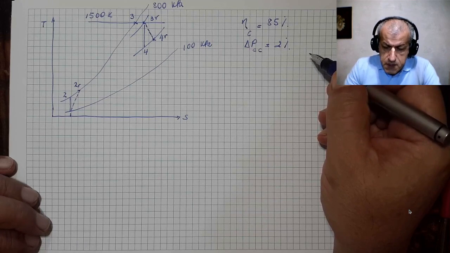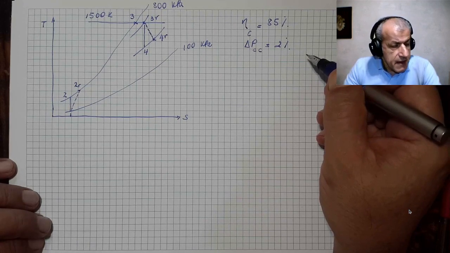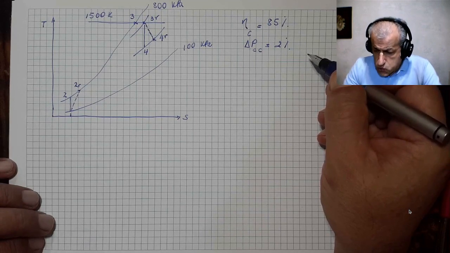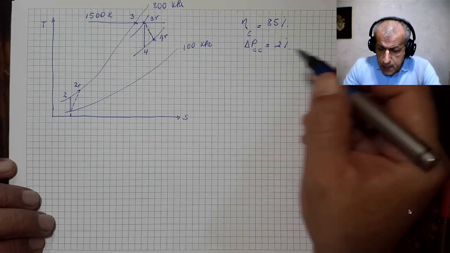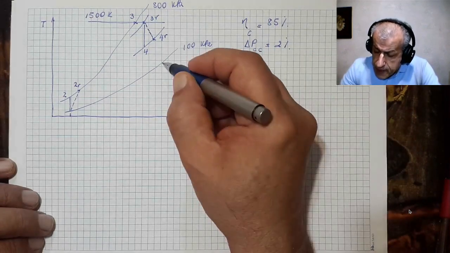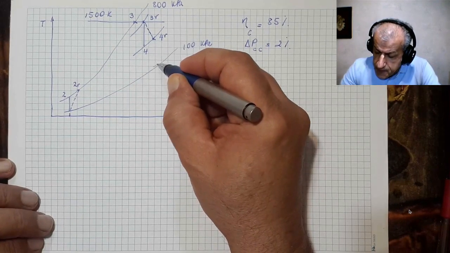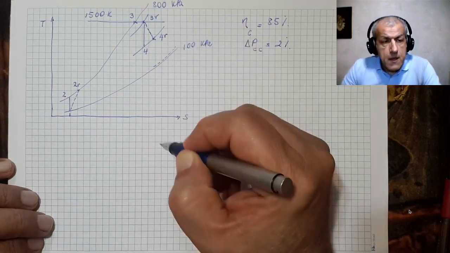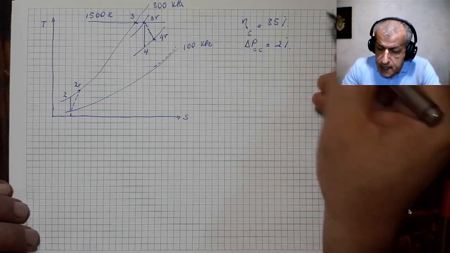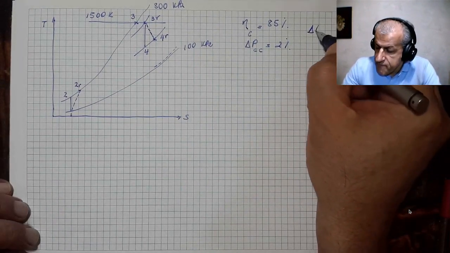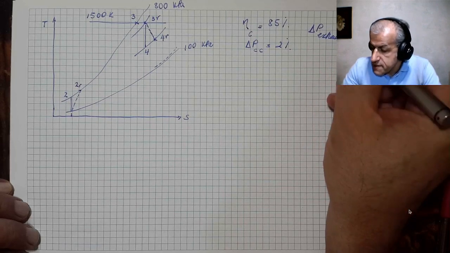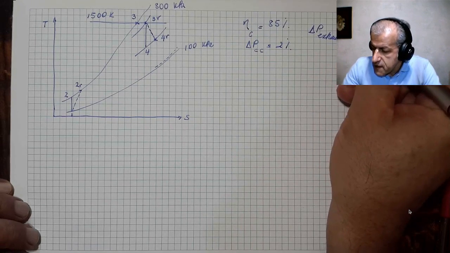It might be that the expansion happens to 100 kilopascal, but there's usually some exhaust at the exit, because after the turbine there must be some exhaust, and delta P exhaust could be, say, 5 kilopascals.